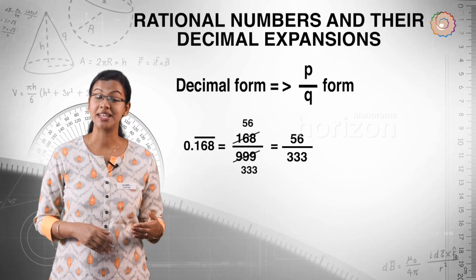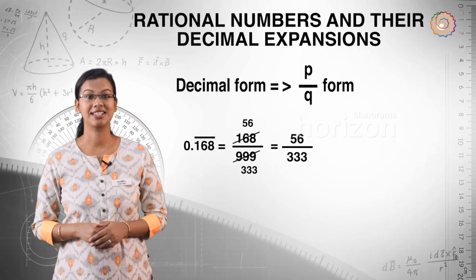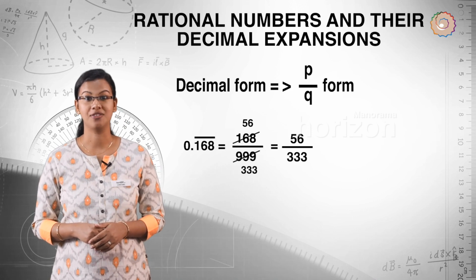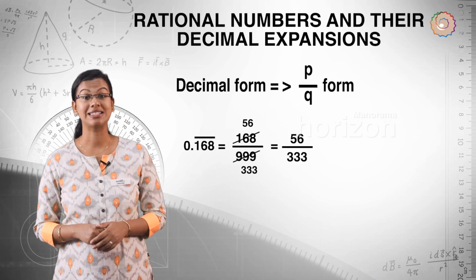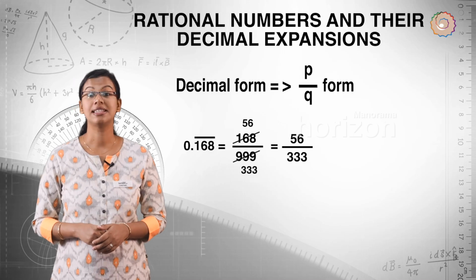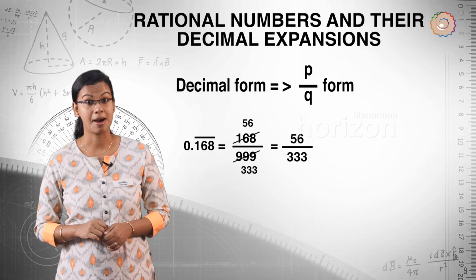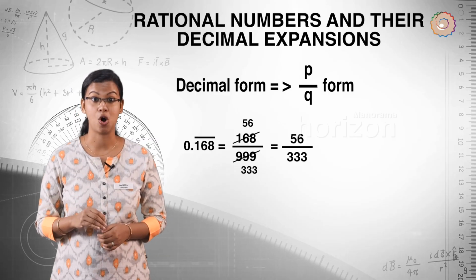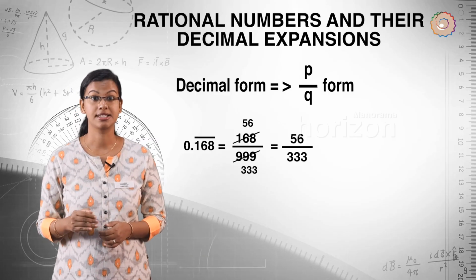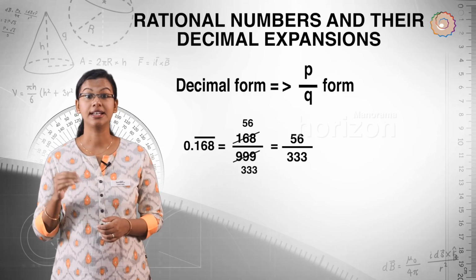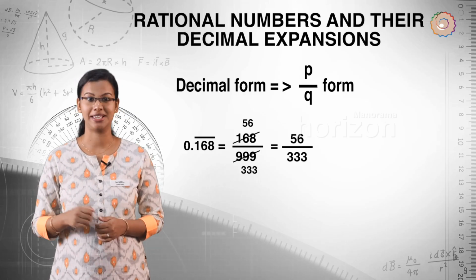For non-terminating recurring decimals, for example, if we want to convert 0.168 bar, since there are 3 digits of recurrence, we divide the number without its decimal point by 3 nines, that is 999, and simplify it.